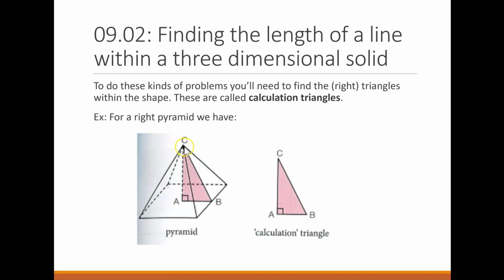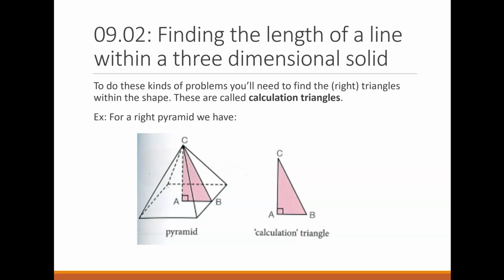So for example, if we have the right pyramid here, this triangle ABC is a right triangle. So that could be considered a calculation triangle. Basically, I found some triangle that's inside of some three-dimensional figure, and if I had two of the 3 sides, I could use the Pythagorean theorem to find the third side. Everybody cool with that notion?